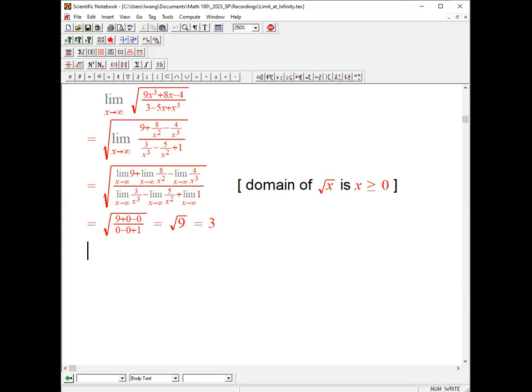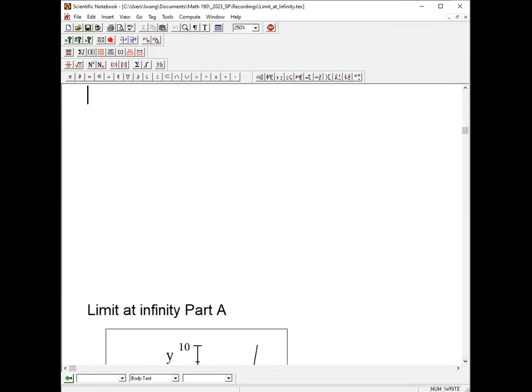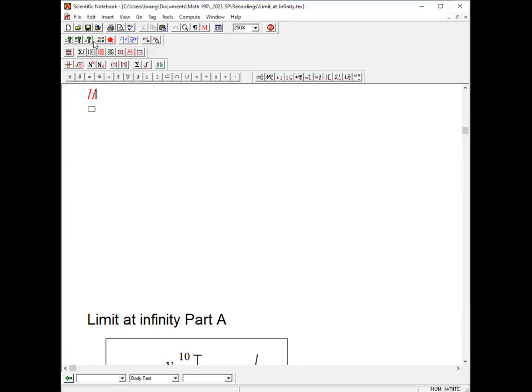This one I'm looking at is from the homework. Take this one. We want to find the limit as t approaches infinity.